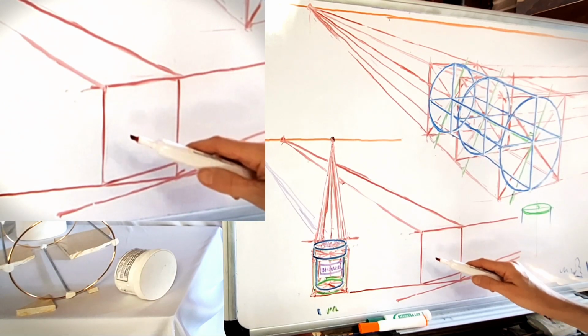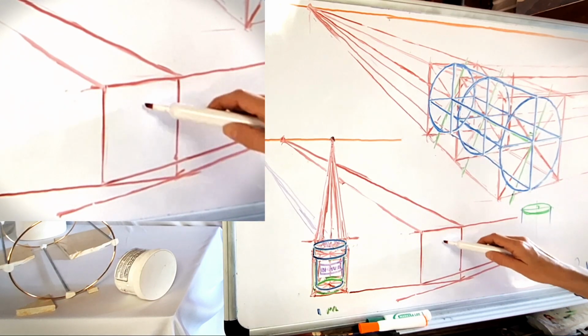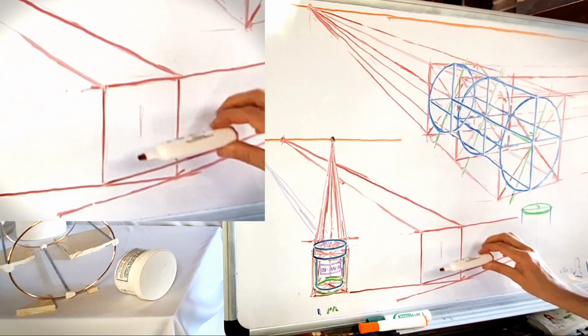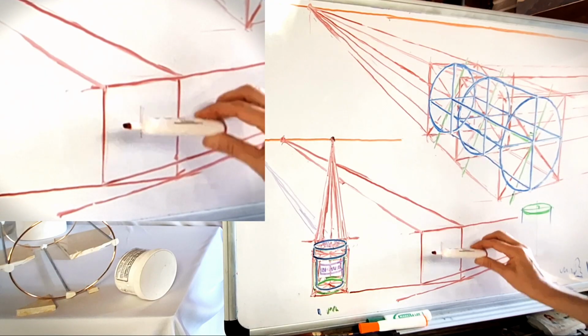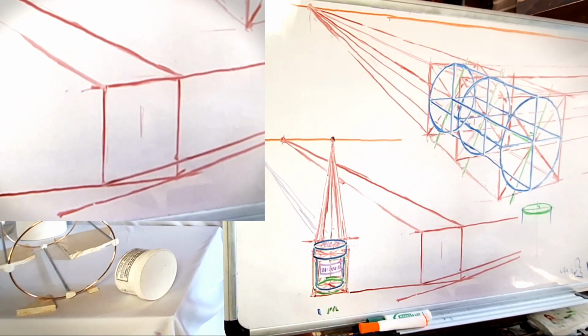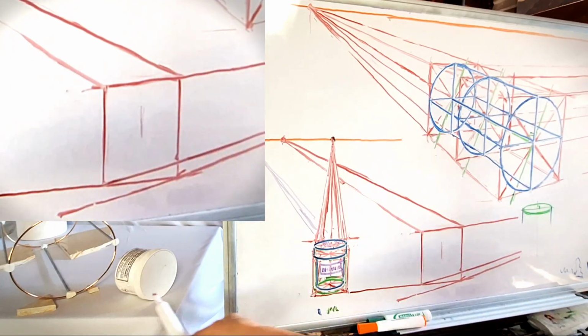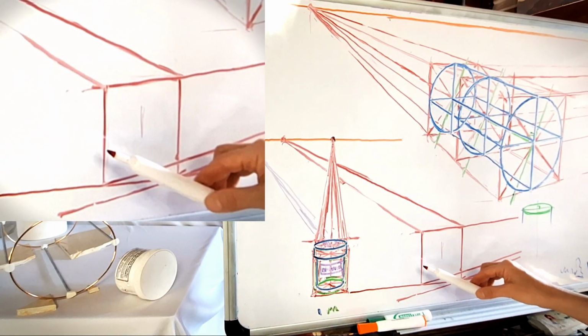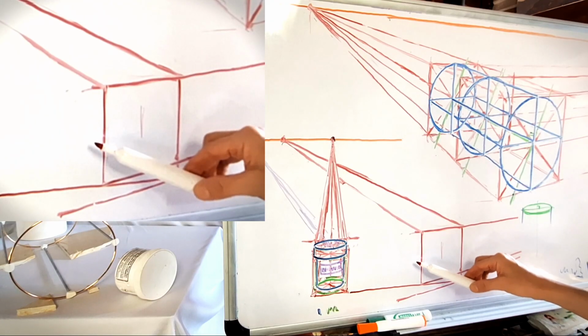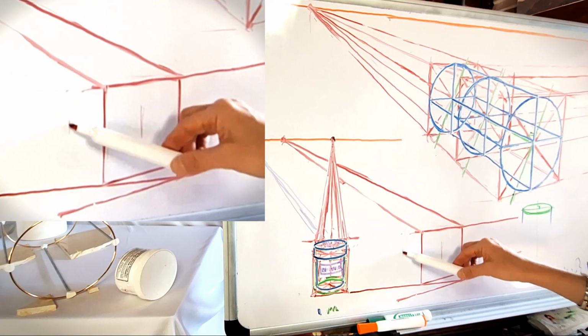Now we need to remember what I said when I was measuring this width of the elliptical opening compared to the height. Now we're using this side. It was a little bit less, right? But when I was looking at what else I see of that cylindrical box, it was only half.